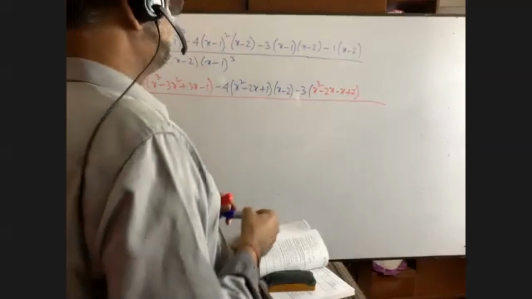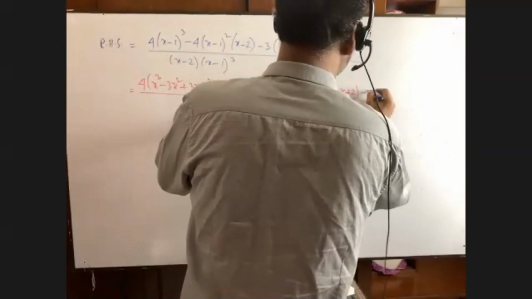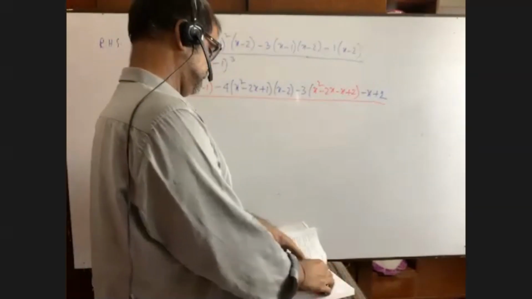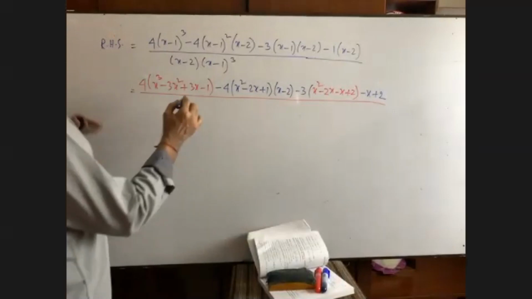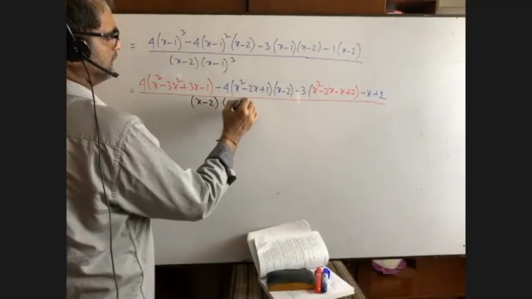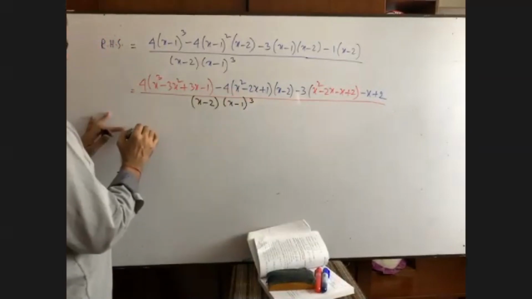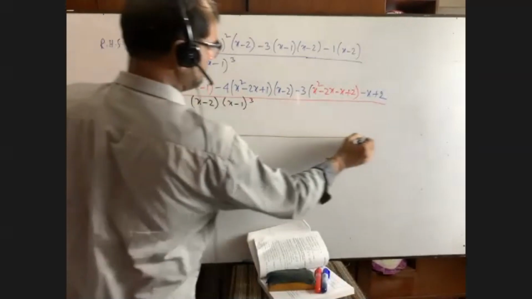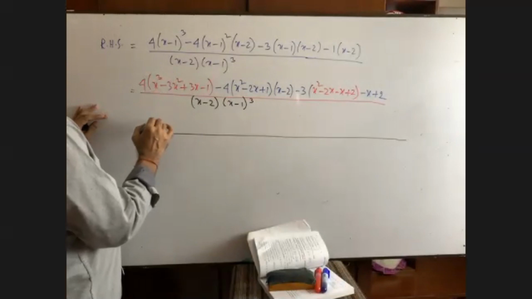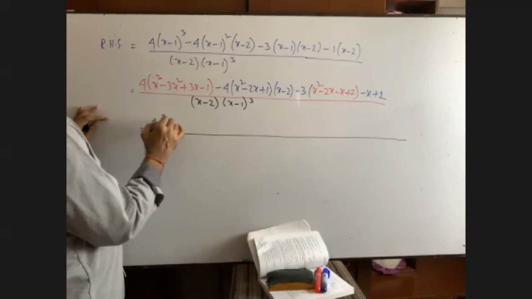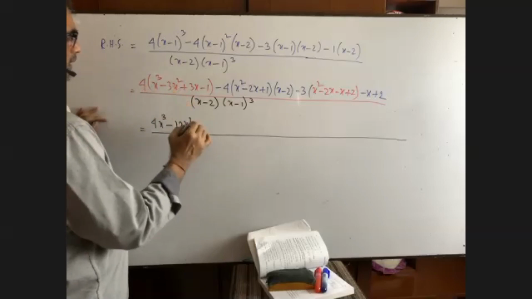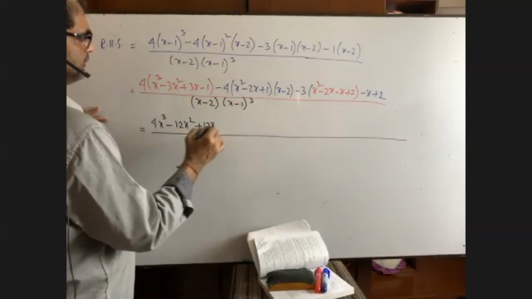Then it is minus x plus 2. Okay. That means the denominator is x minus 2, x minus 1 whole cube. Now, actually, we multiply it: 4x cube minus 12x square plus 12x minus 4.